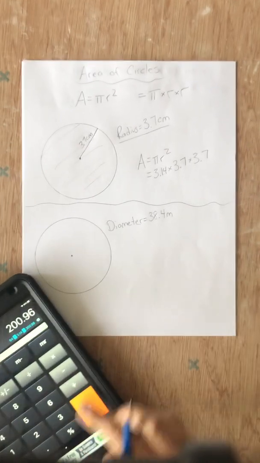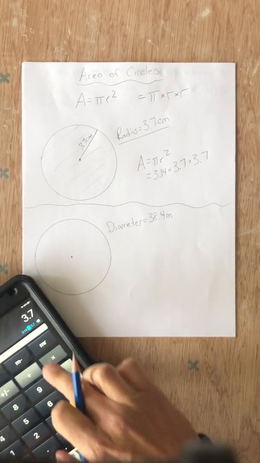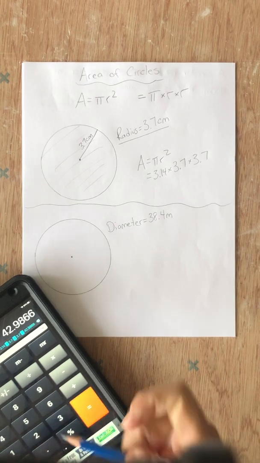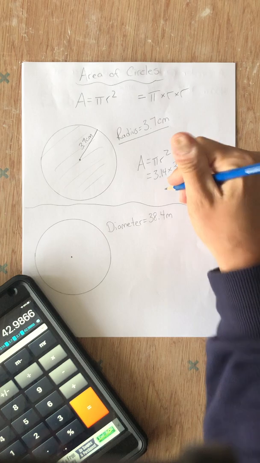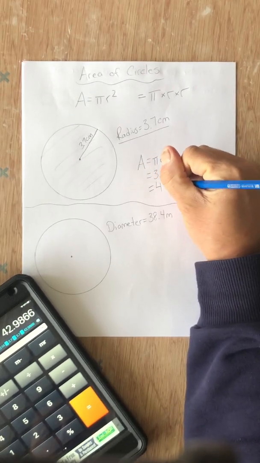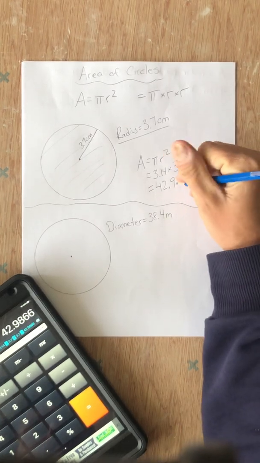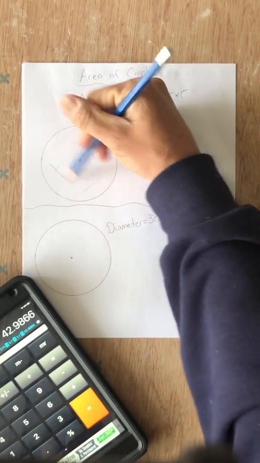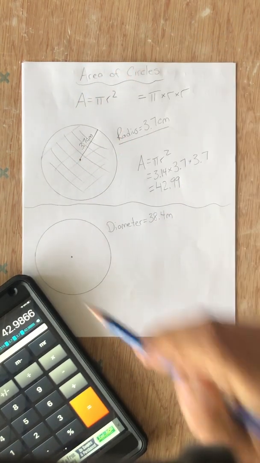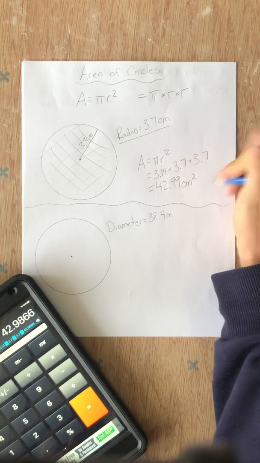My answer is 42.9866. So let's just round that to 42.9, and we'll round that 8 up to 9. And remember, we're talking about area, so my units are not just centimeters, they're centimeters squared.